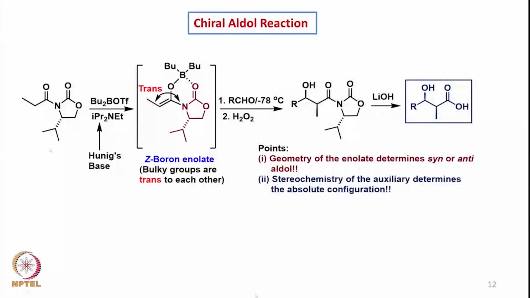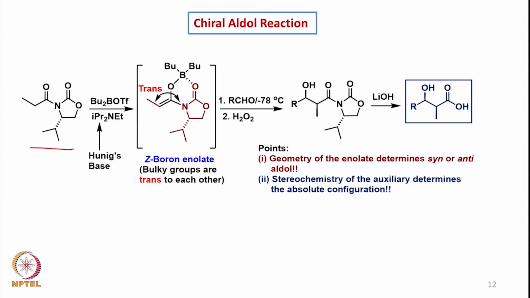Now we look at the chiral aldol reaction. We saw so far chiral reactions, but those were alkylation reactions. The chiral aldol reaction is somewhat more complex, so we will have to look at it very carefully. The same way as we did in the earlier case, we start with this particular product which is formed from the oxazolidinone auxiliary in which the isopropyl group is alpha oriented.